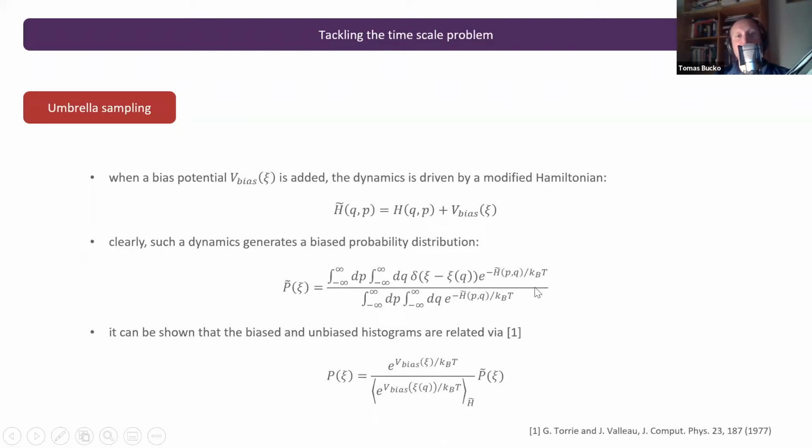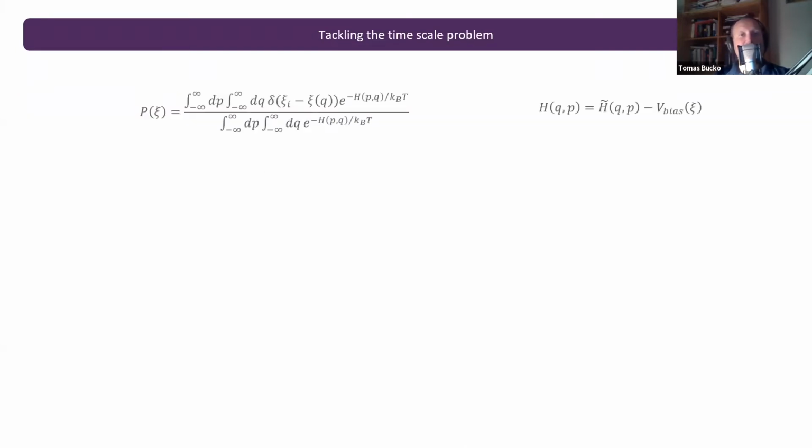But fortunately, the unbiased probability density that we are after can be recovered exactly, in principle, from the biased one, via a simple expression where only terms computed from biased ensembles appear. Okay, this relation is so simple that I can't resist deriving it here. It takes only a minute.